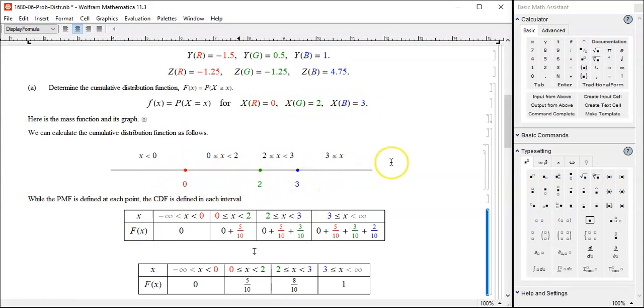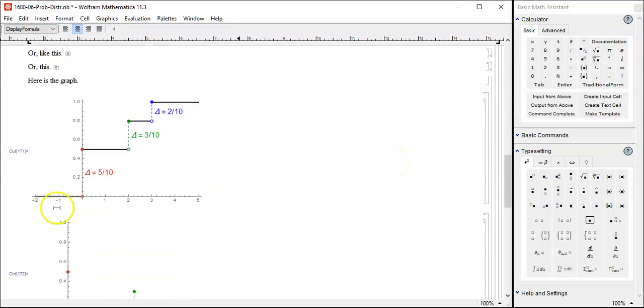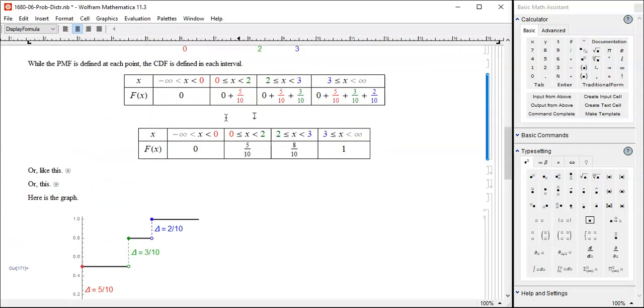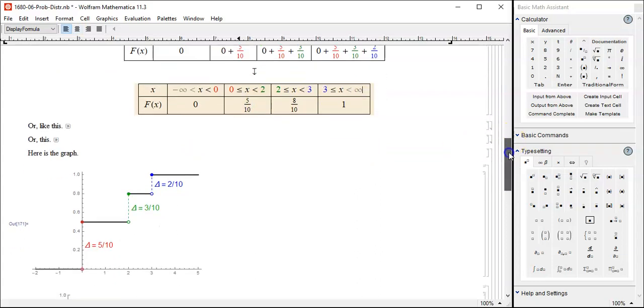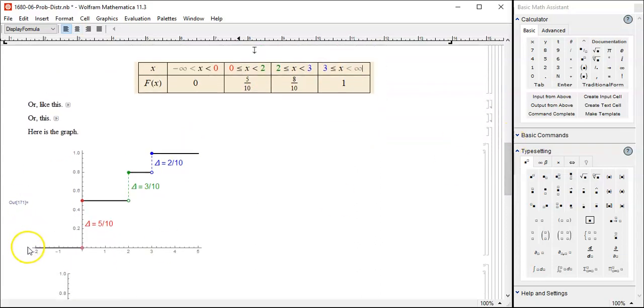So we have 4 intervals there: less than 0, between 0 and 2, between 2 and 3, and greater than 3. We have probabilities 0, 5/10, 8/10, and 1. And those are the heights 0, 5/10, 8/10, and 1.